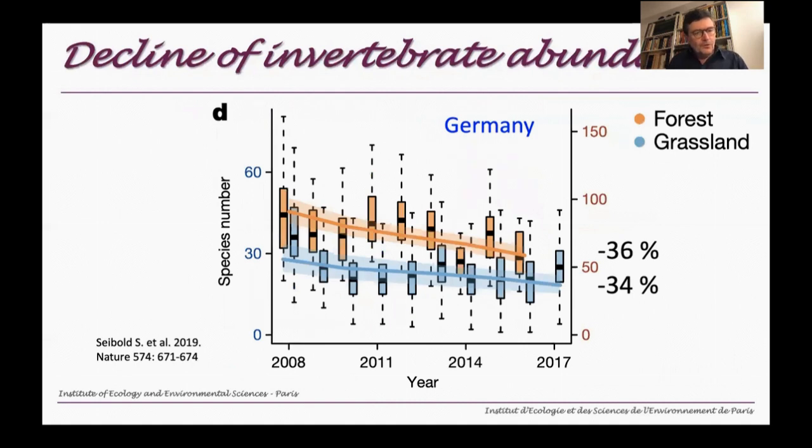Last year, a paper published in Nature showed that 1/3 of the invertebrate species was lost in the forests and grasslands of Germany. Clearly, the biodiversity crisis is not a hypothesis. It is a reality of today.